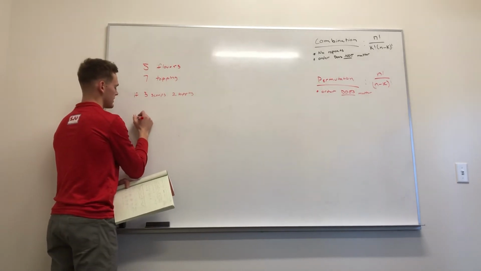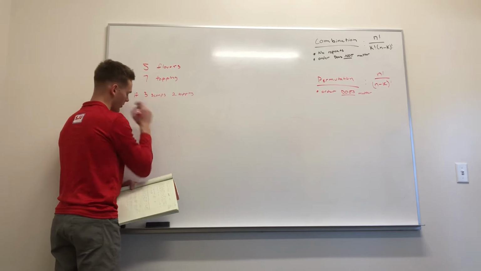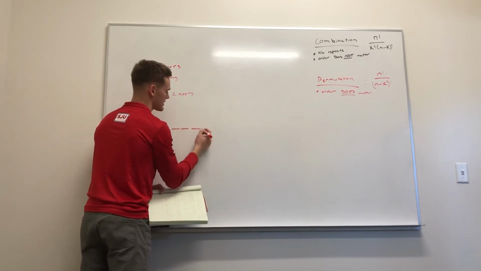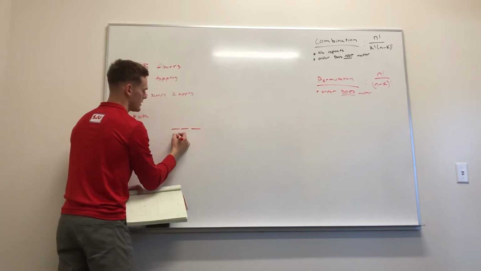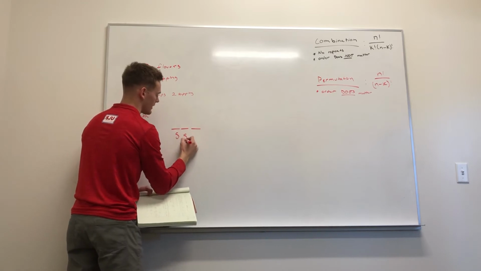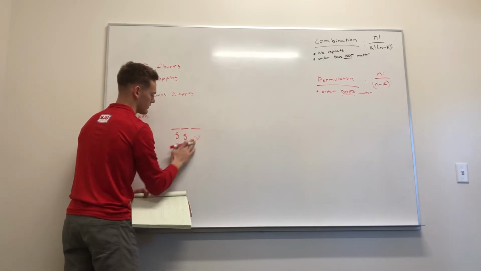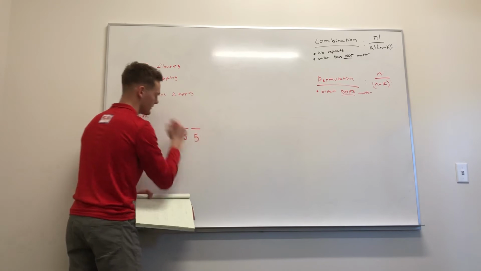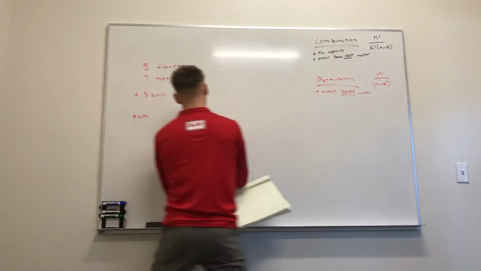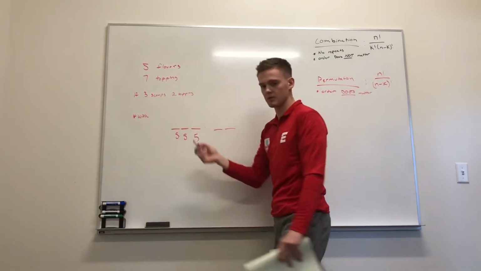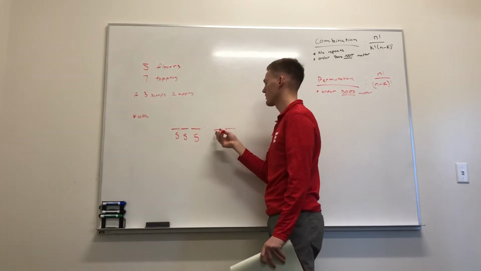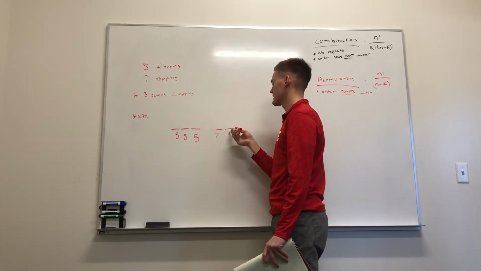So with repeats, we need to remember that since there are 3 possible options for the ice cream, that's going to be 5, 5, and 5. That's going to be multiplied with the number of toppings, because toppings and ice cream are independent of one another. So that's going to come out to 7 and 7.